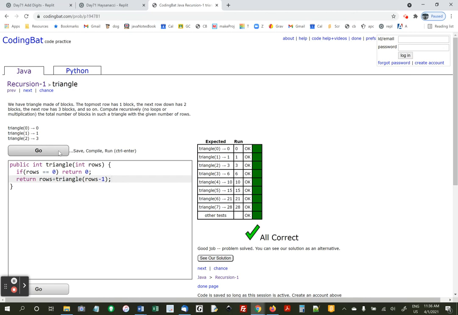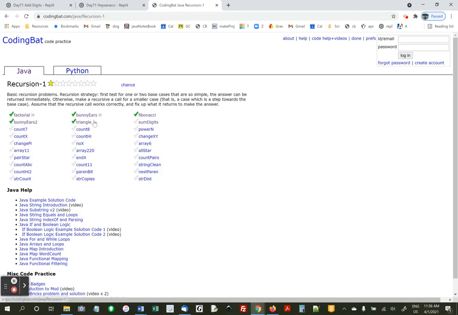And of course, we could do this without recursion. You could just do a for loop. But as we've said, everything you can do with recursion, you could also do with regular for or while loops and vice versa. But I just don't want to go too many.